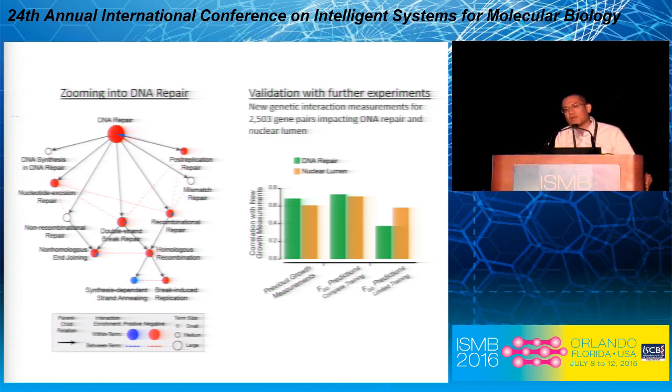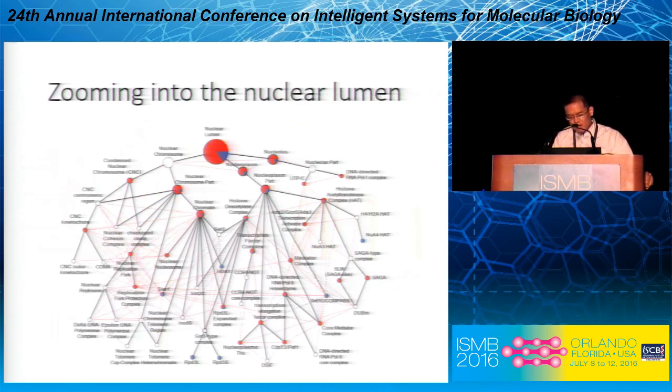This is a little surprising, and we think what's happening is that our model, because it is trained on millions of gene pairs, effectively smooths out the noise within any one experiment and identifies the overarching biological principles behind those interactions. And just as another example, I won't have time to go further into it, but you can zoom into other portions of this model, for example, to note how the nuclear lumen and its genetic interactions can be hierarchically factorized.